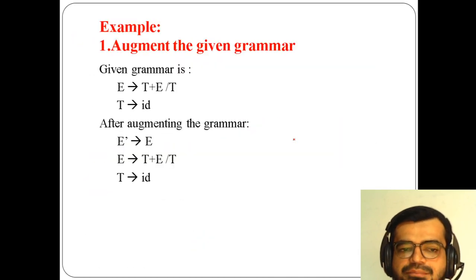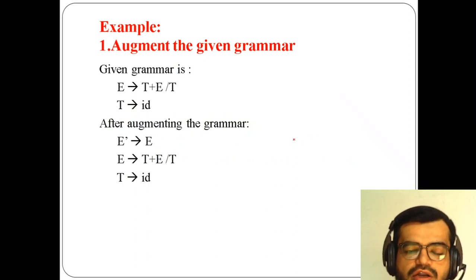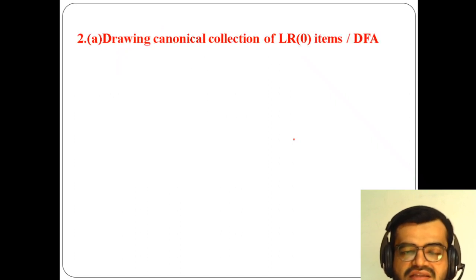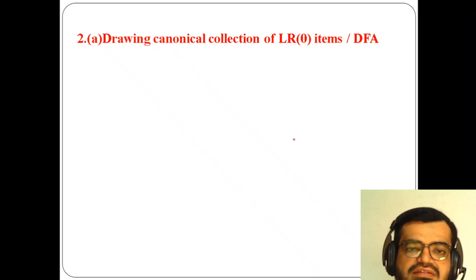So this is the example. The same steps will be followed: you need to augment the grammar, and you know how to augment it. This is step 1, and step 2 is the same step I just did, because the canonical collection of LR(0) items is the same for both.